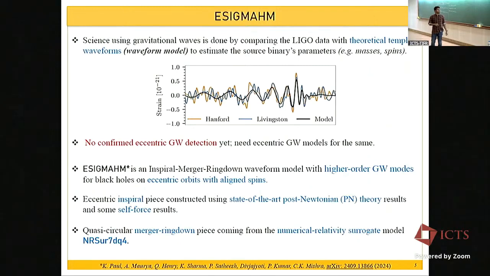Its inspiral piece is constructed using state-of-the-art post-Newtonian theory results and self-force results. And the merger-ringdown piece of this, which is the very end part of the waveform, is a quasi-circular piece, which comes from a numerical relativity surrogate model. Doesn't matter if you don't understand these terms. It's basically an eccentric waveform model.